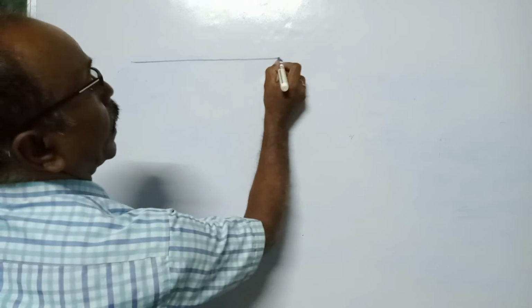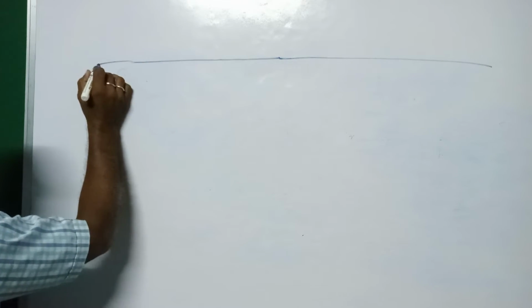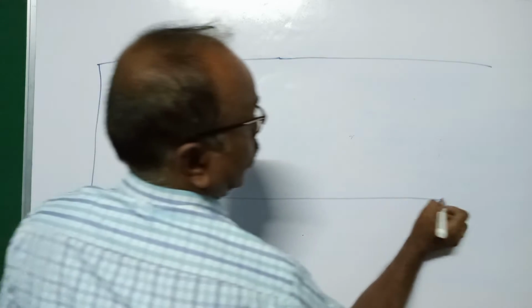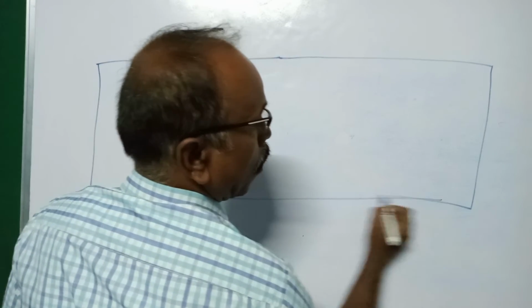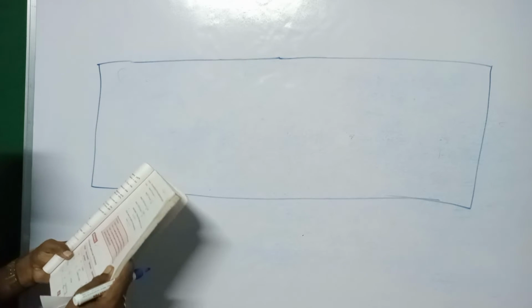You see, here in chapter 5, worksheet 4, a table is given. My dear student, here is a table like this.